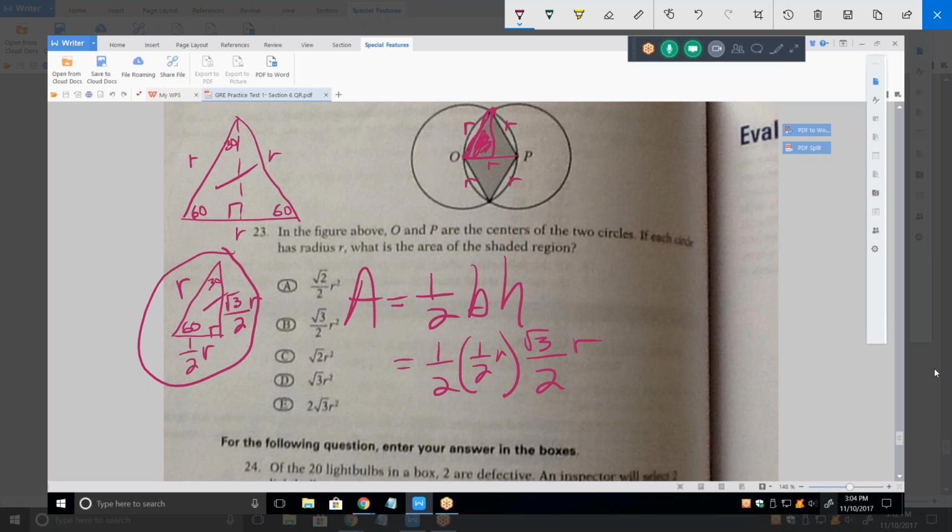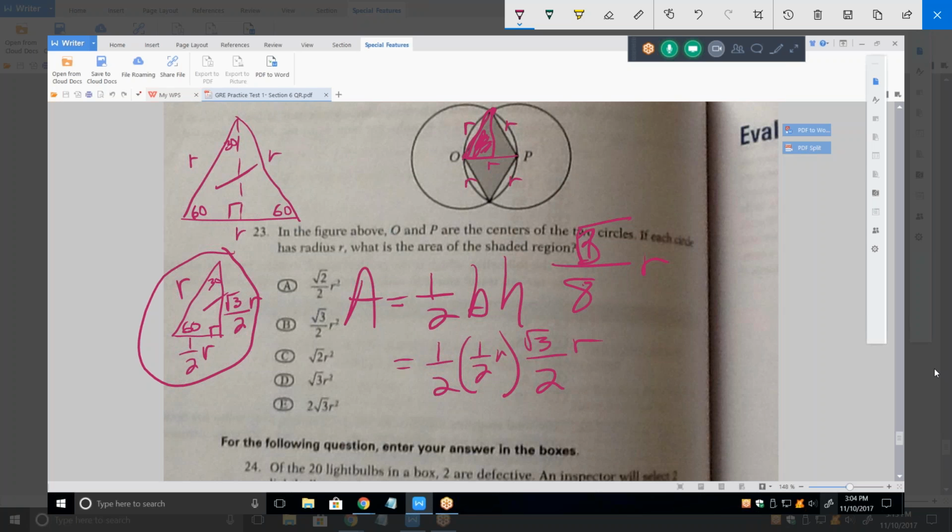Why do you have 1/2 times 1/2? Oh, because the base is 1/2 r. Got it. If I do this math, I get 1 over 8 square root of 3 r. 1 over 8, I don't understand. 2 times 2 times 2. Oh, because of the bottom, they're all the same?